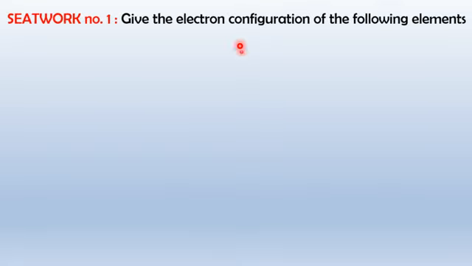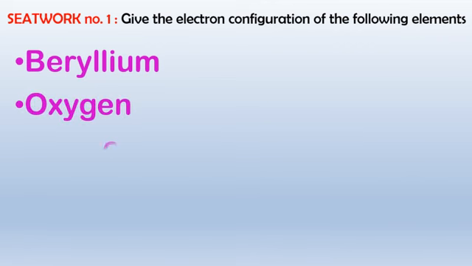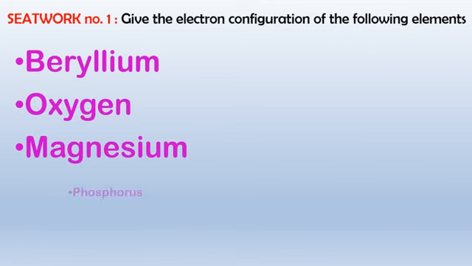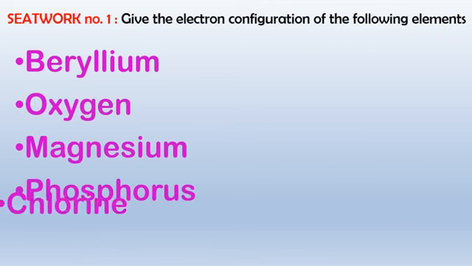So before going back to the steps, let's have a seat work first so that I may know which students get the idea of electron configuration. Seat work 1 is giving the electron configuration of the following elements: beryllium first, followed by oxygen, magnesium, phosphorus, and the last one is chlorine.